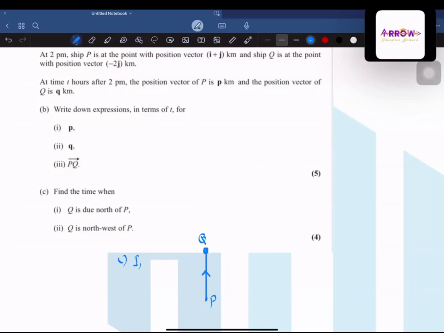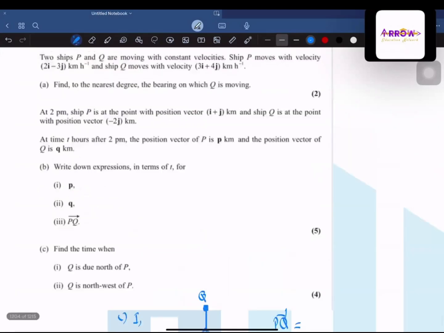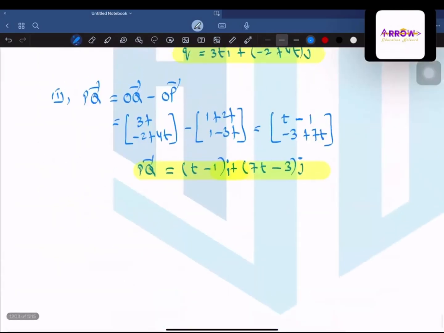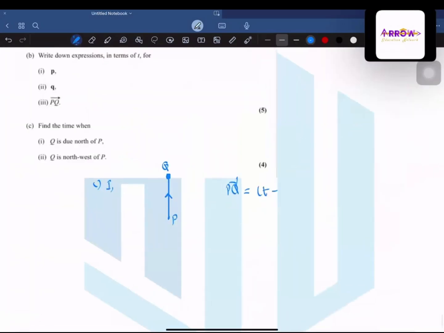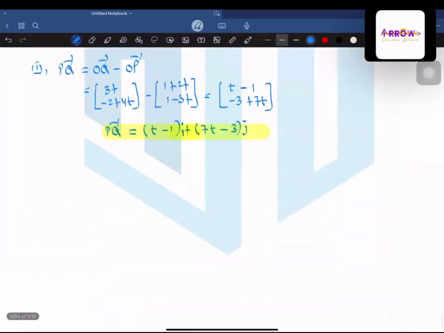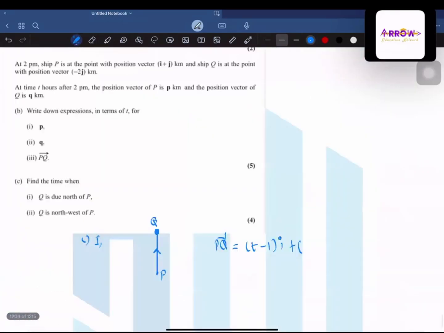Since we have found the PQ vector, what was the PQ vector? I'm going to write it again. The I component was t minus 1, and the J component was minus 3 plus 7t, or you can say 7t minus 3.